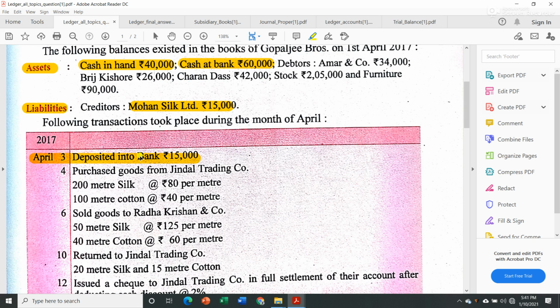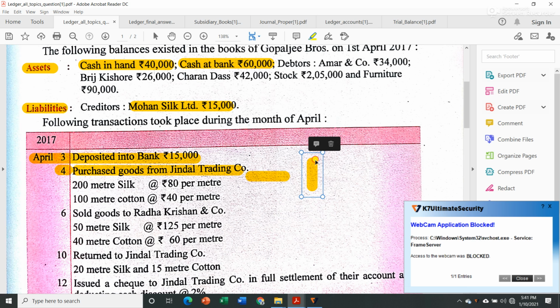Then let us see the next transaction that took place on April 4th: purchase goods from Jindal Trading Company. They haven't mentioned whether we purchased goods on credit or not, so we are going to assume that it is a credit purchase, and they haven't mentioned anything about GST, so we have to record this transaction in the purchase book.